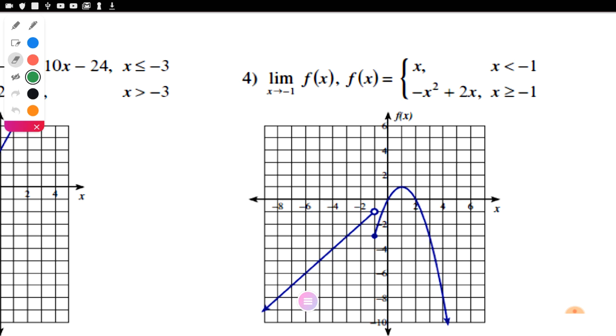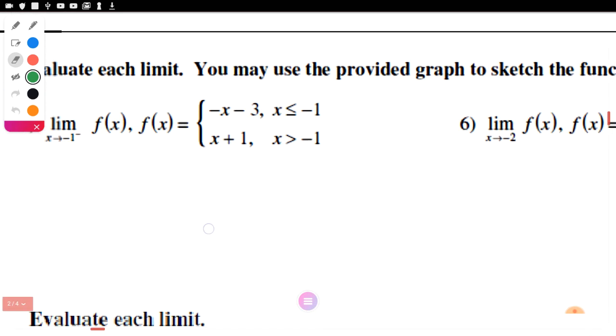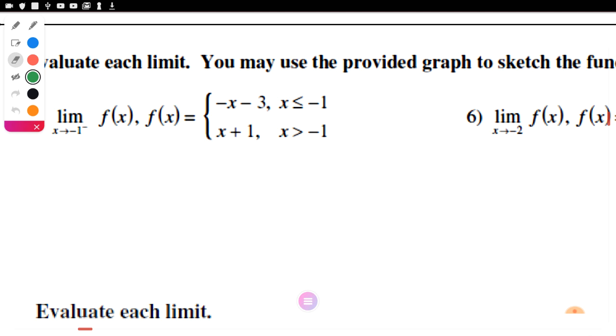If you ask me to find the limit using a graph, and you ask me to find the limit from one side, I will find it in only one step.